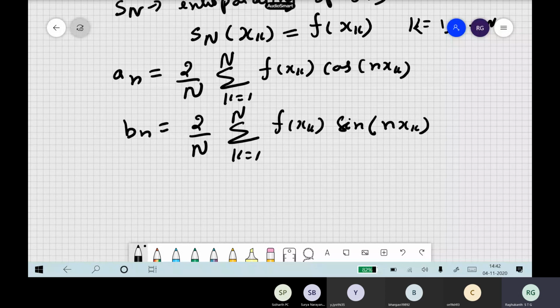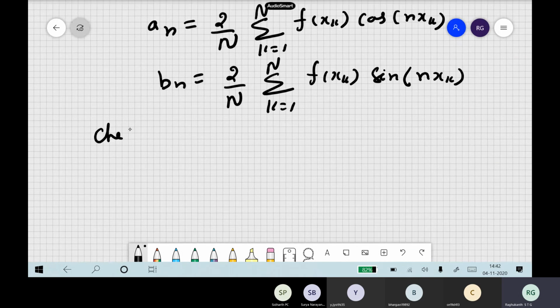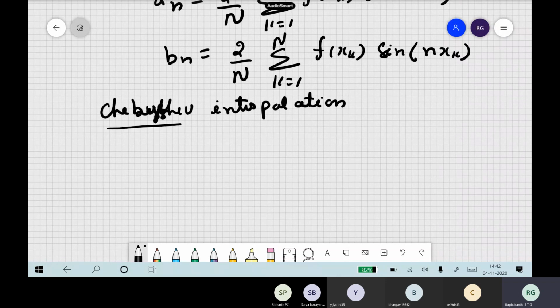Now suppose you are using a Chebyshev polynomial, then what happens? Where will be the nodes, the collocation points, if you want to do Chebyshev interpolation? You know that Chebyshev polynomials we write in terms of the Chebyshev polynomial, but where will the nodes be located for Chebyshev?